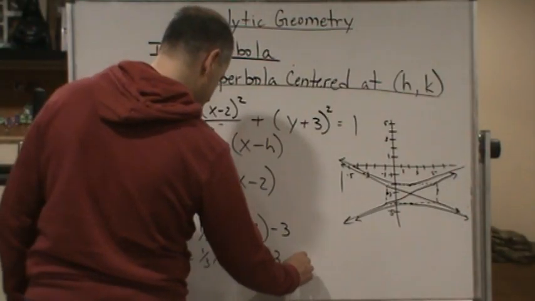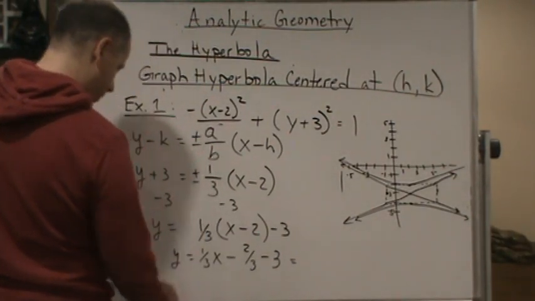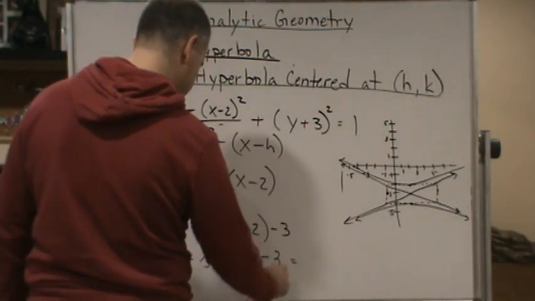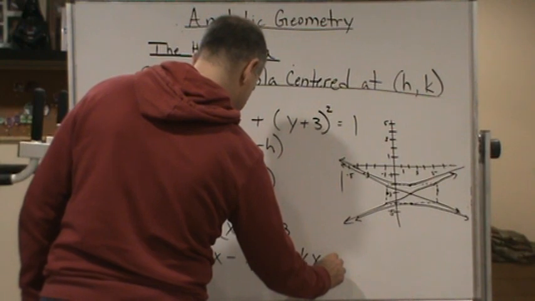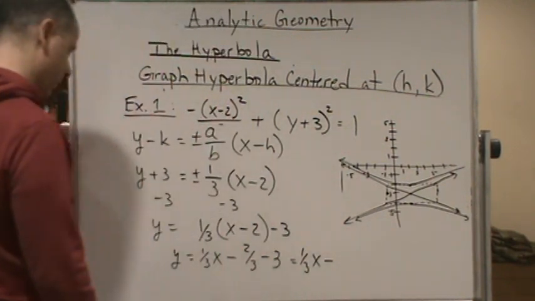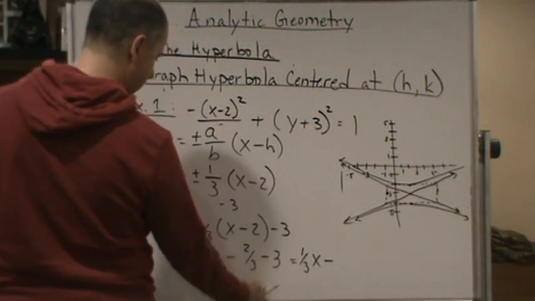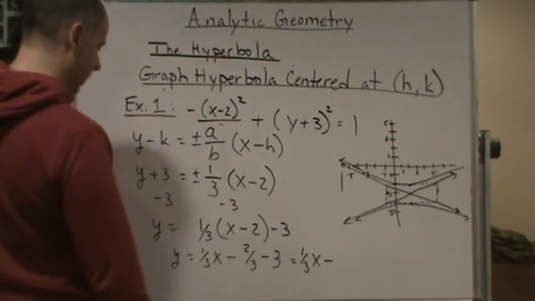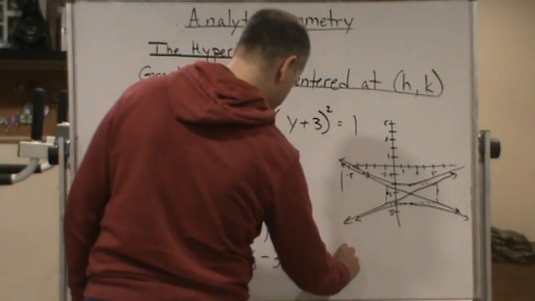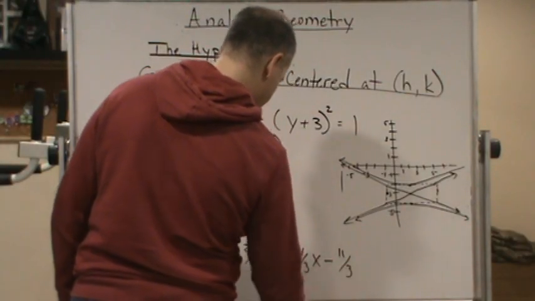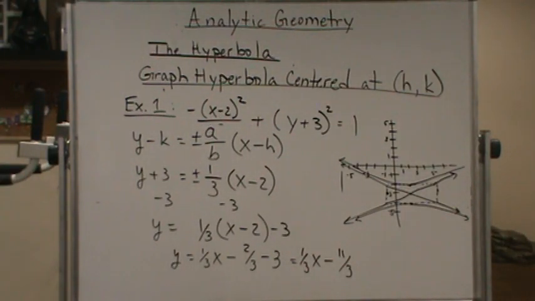So if we combine this, we get y equals 1/3 x minus what? Well, this is going to be 9/3 and this is 2/3, so that gives us minus 11/3. Okay, and so that's the equation of one of the asymptotes.